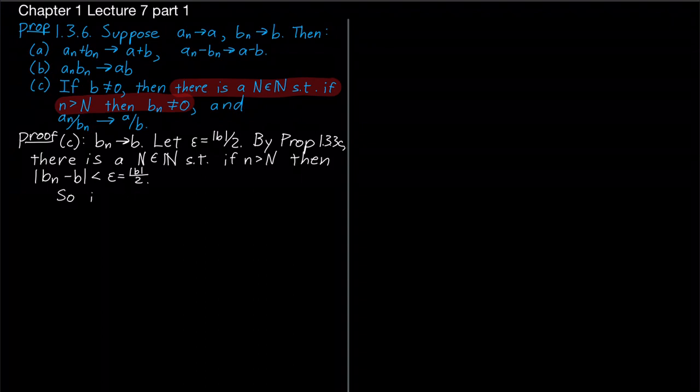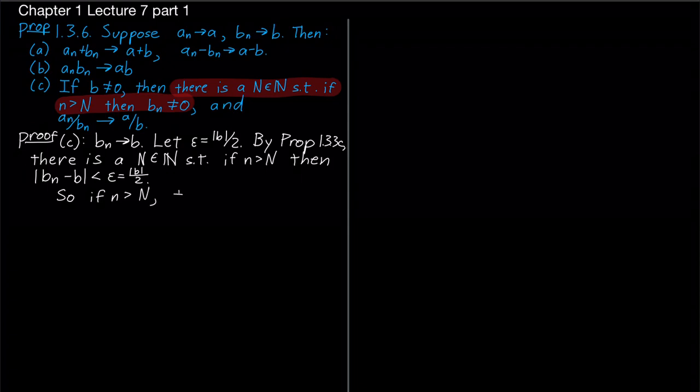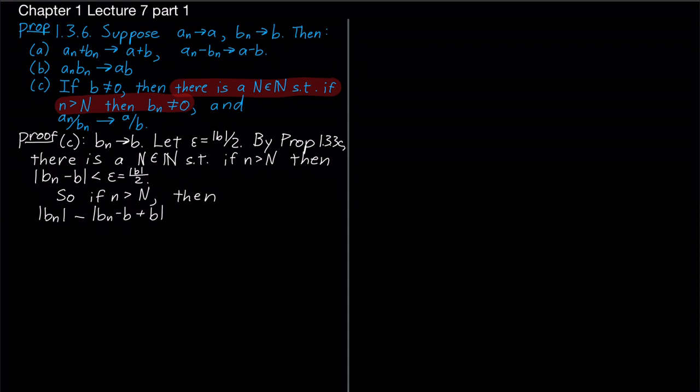So, if n is bigger than N, then the absolute value of Bn, by the triangle inequality, Bn minus B plus B. The reverse triangle inequality, we want to use the fact that this is greater than or equal to the absolute value of B minus the absolute value of Bn minus B. You can write that using the regular triangle inequality.